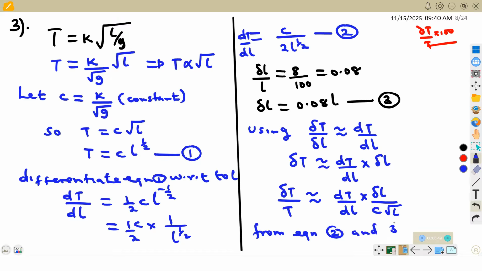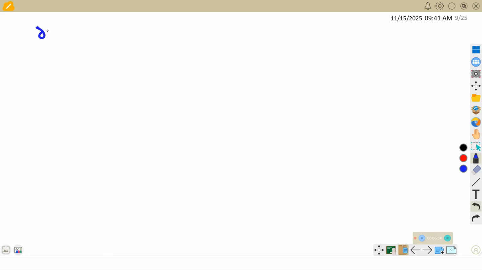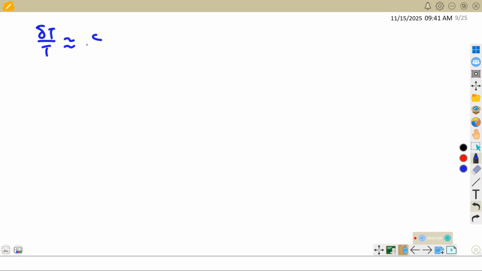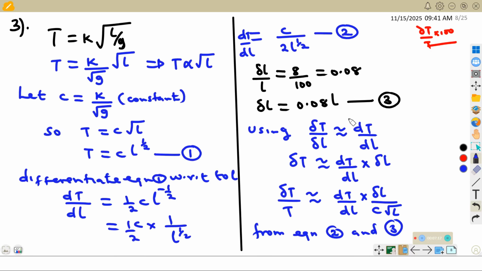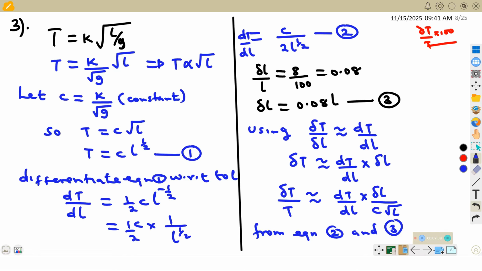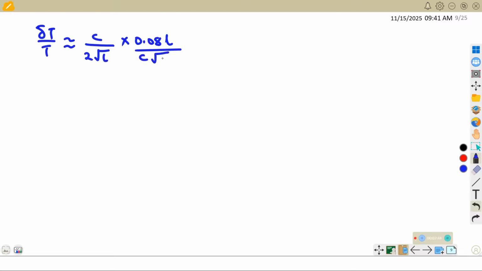From equations 2 and 3, we shall have delta t over t as approximately equal to dt dl, which is c upon 2 square root of L, times delta L, which is 0.08 L. Then we are dividing this by c square root of L. So c will cancel out, and 0.08 divided by 2 gives us 0.04.